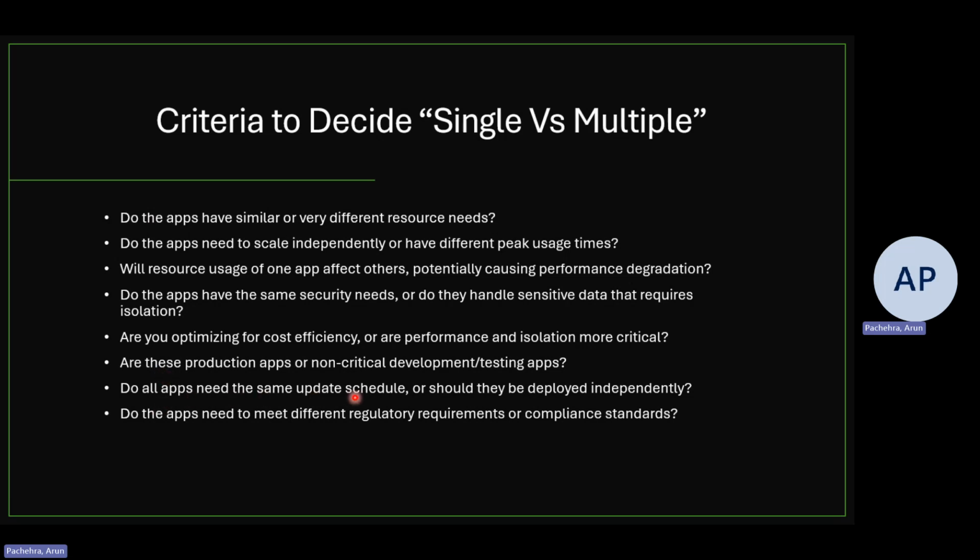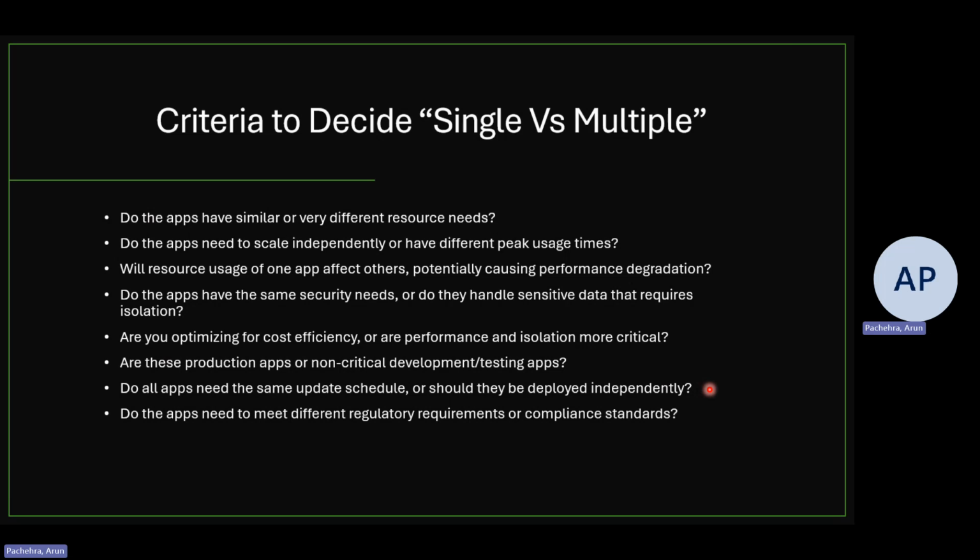Do all apps need the same update schedule? Should they be deployed independently? Right. So again, it's pointing towards the same thing, the management one we talked about. Single plan is easier to manage if all apps are updated or maintained together.